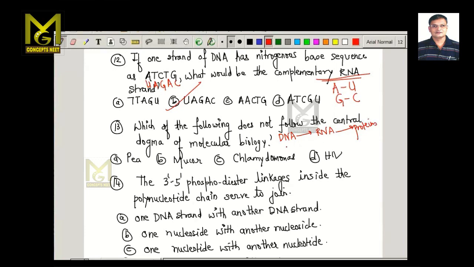This flow of information from DNA to proteins we call the central dogma. This is a characteristic feature of all the organisms except the viruses. So in this case, the correct answer is HIV, which is a virus.